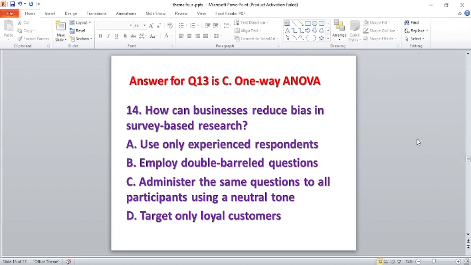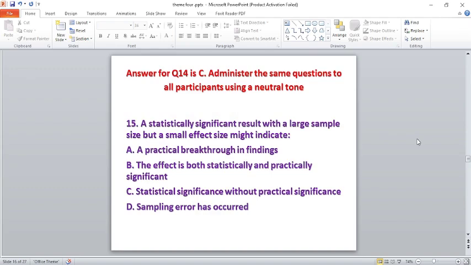Question number 15. A statistically significant result with a large sample size but a small effect size might indicate A. a practical breakthrough in findings.